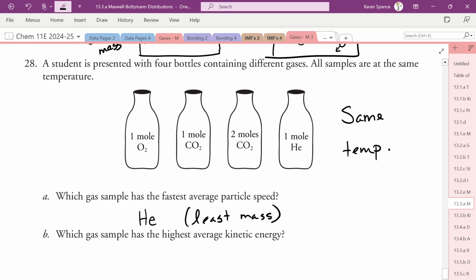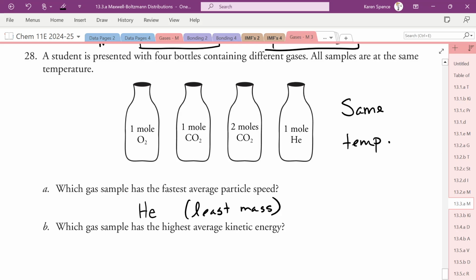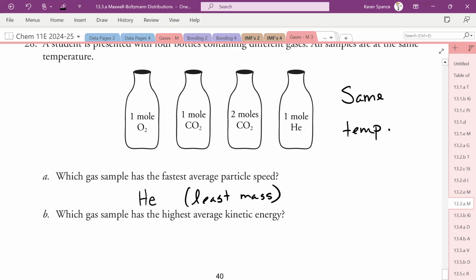Which sample has the highest kinetic energy? They should all be the same. My only question is, would it be the 2 moles of CO2 because there's just more mass in general? And I'm not sure.